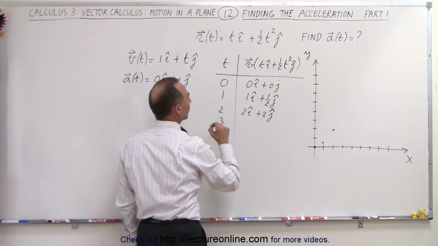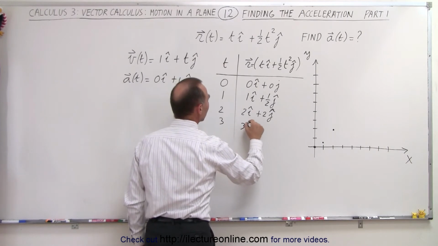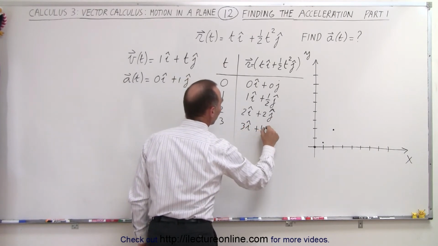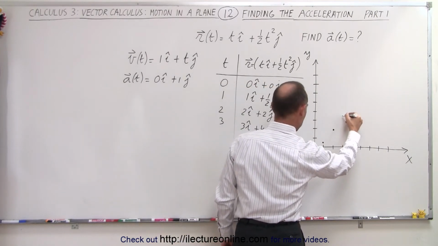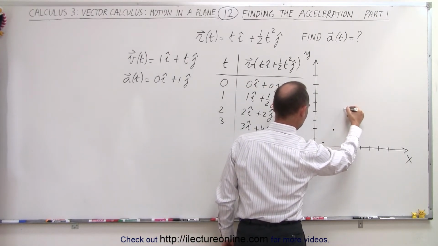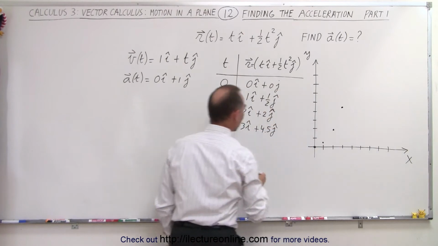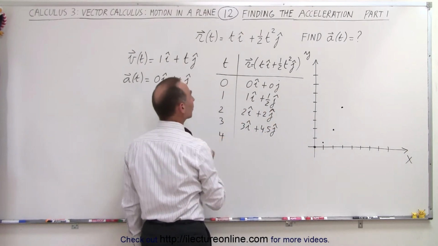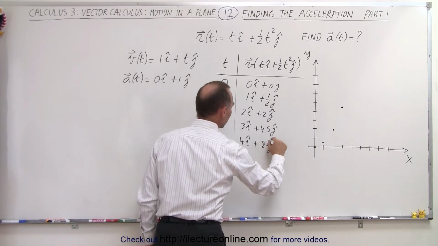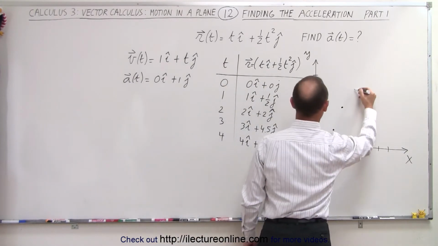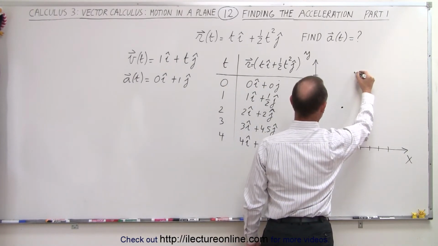If t is equal to 3, that will give us 3 in the i direction plus 4.5 in the j direction. That would be about here. And when t is equal to 4, that would be 4 in the i direction plus 8 in the j direction. So it would be 4 and 8 right there.